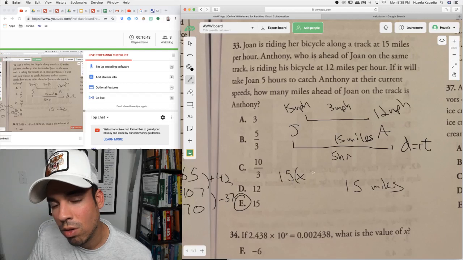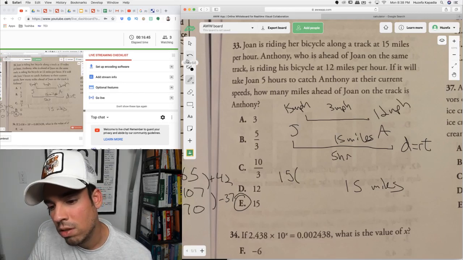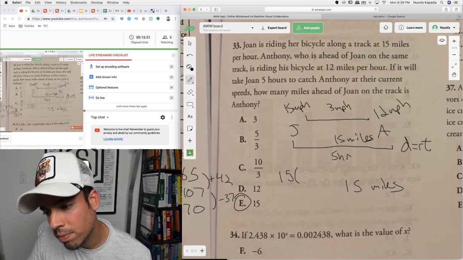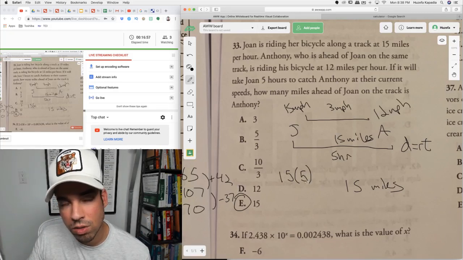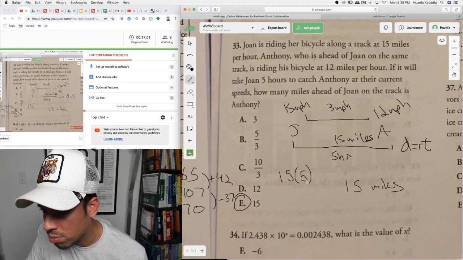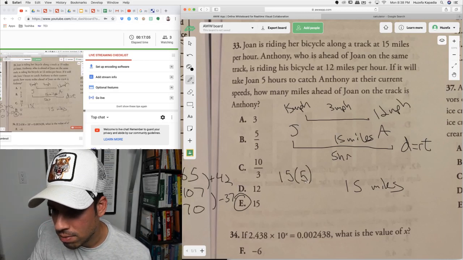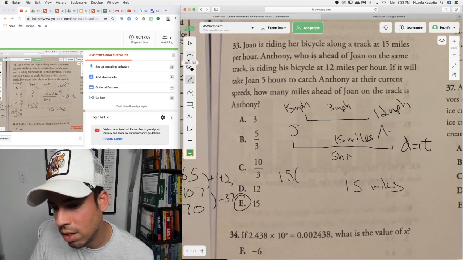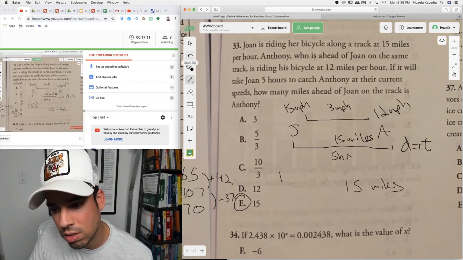No, wait, we can set this up differently. 15 times 5. Wait, this is actually not going to work because she's at x and he's at... I'm not really sure. I'm setting this up wrong with this distance equals rate times time thing.